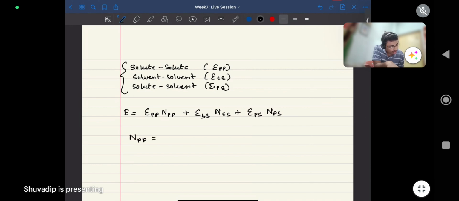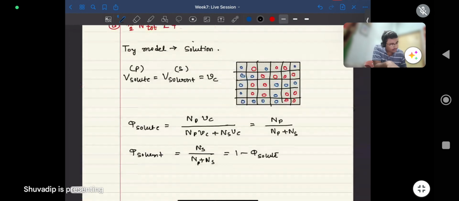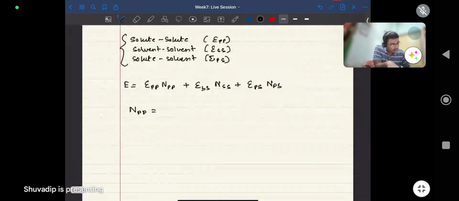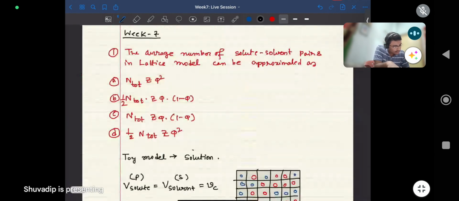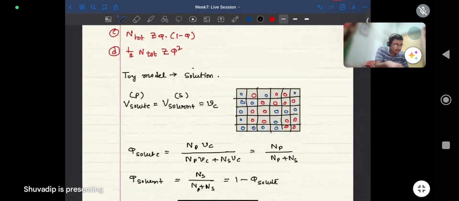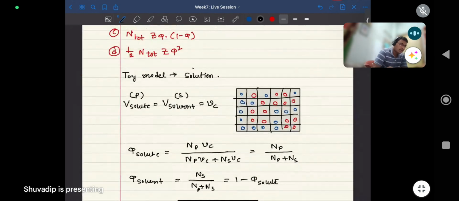now let us go back to the diagram again. So suppose there are z neighbors of each solute and each solvent. Suppose it is a 2D lattice kind of structure here. So clearly in this kind of representation z is 4 if all the particles are surrounded by the same kind of particle.